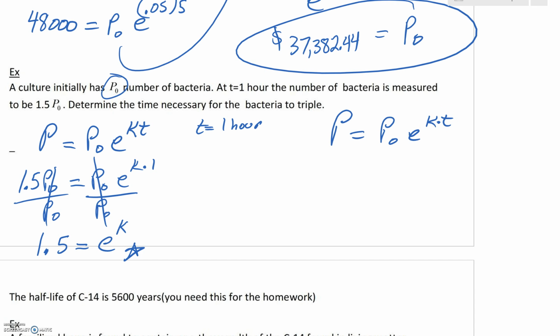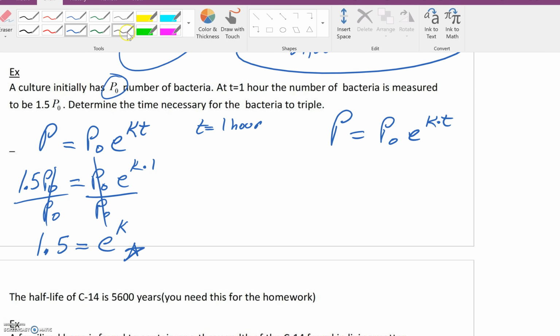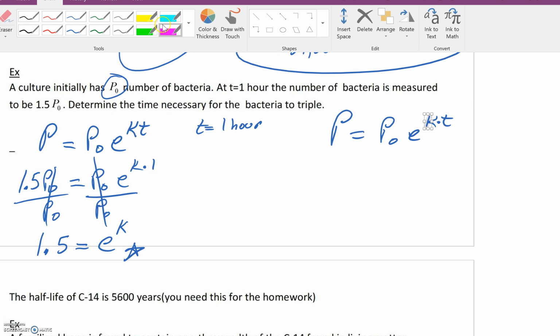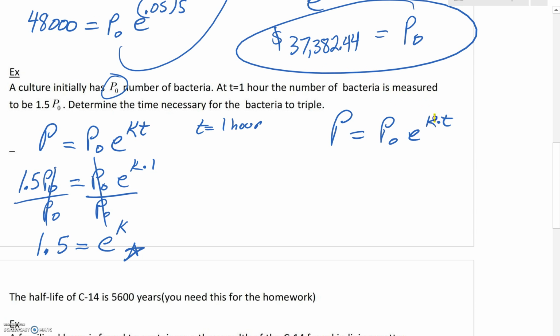Hopefully you remember from Calc BC what we were talking about: if you go to this general formula, here's your e to the k. Oops, let me get my highlighter back here. Here's your e to the k. And here's your e to the k. Do you see what I'm getting at? So you could say, well, wait a minute.